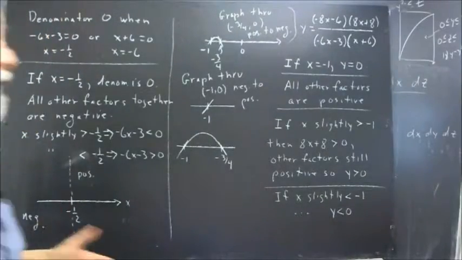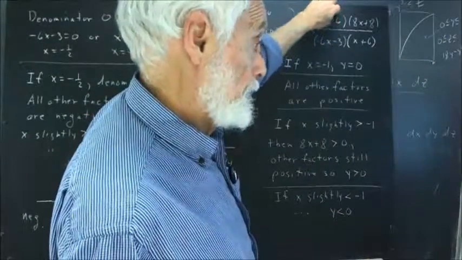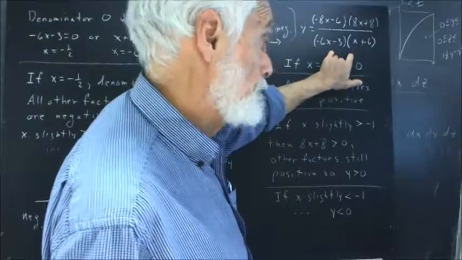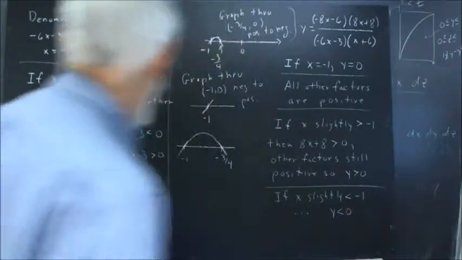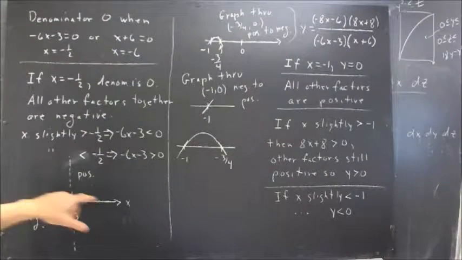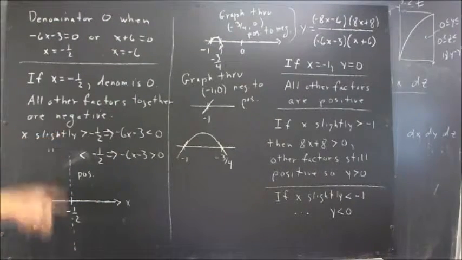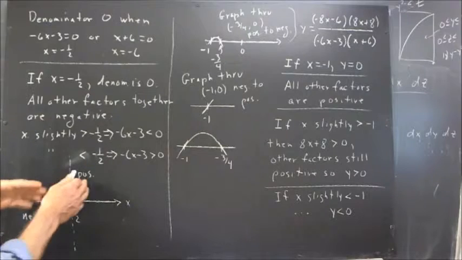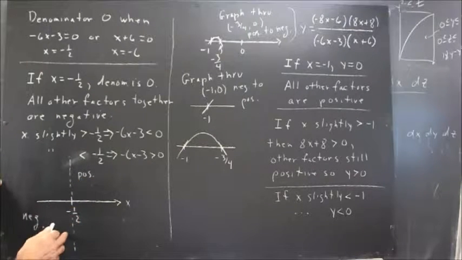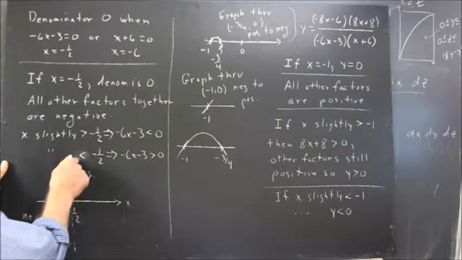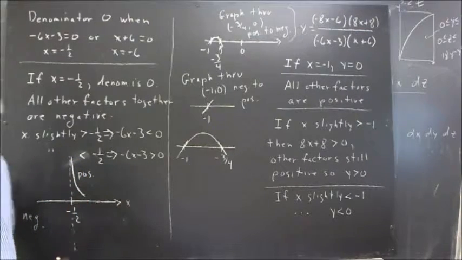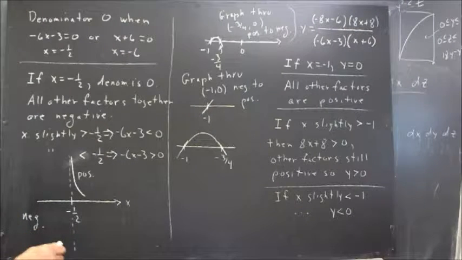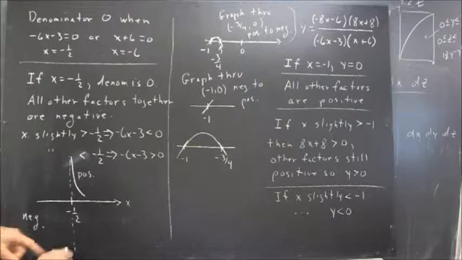What do we have? If we divide something that's not close to 0 by something that is close to 0, we get a very big either positive or negative result. In this case, on this side of the x equals negative 1/2 line, we're going to get a positive result. If we're close to negative 1/2, it's going to be very big. So we're going to have something like this. And we're going to have a very big negative result on this side, which means it's going to be very big, but down in this direction.